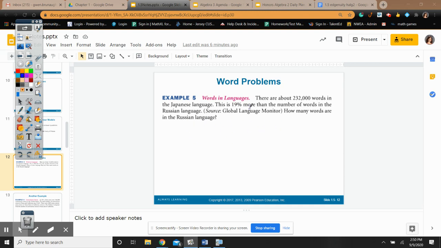So we're going to try to make an equation up here. So let's say we're talking about how many words in the Russian language. So Russian equals, well, what does it equal? There are 232,000 words in the Japanese. And this number is 19% more than Russian, okay?